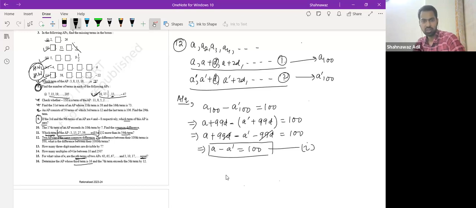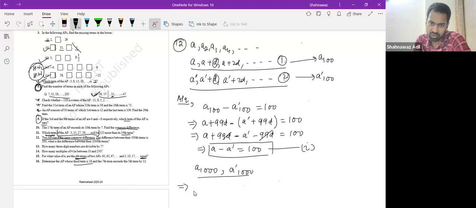Okay. Now, what is the question? What is the difference between their 1,000th terms? So what would be the 1,000th terms? A1000 and A prime 1000. So we have to find the difference between them.